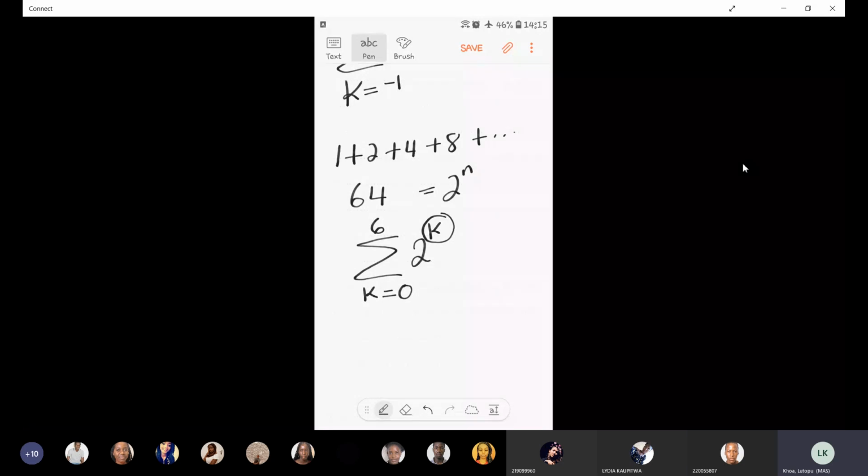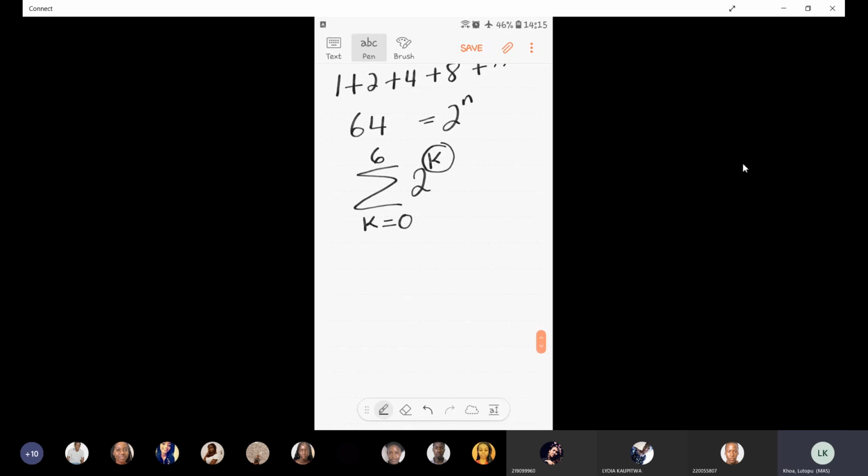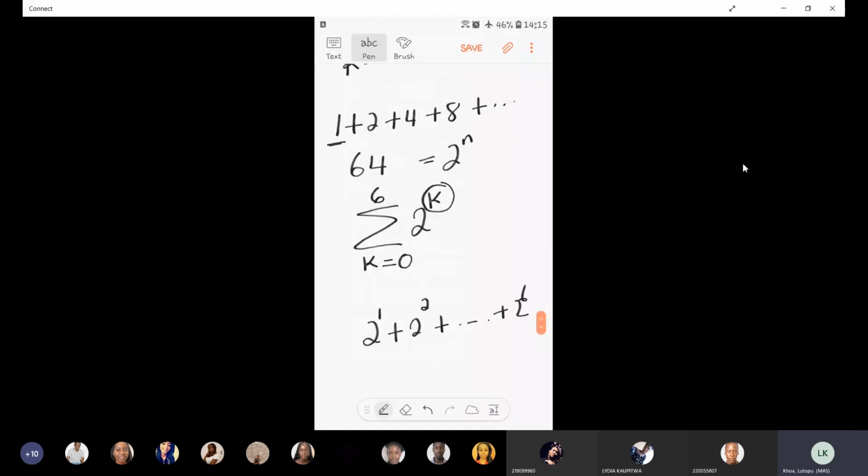All right, now the reason the starting point is not 1 is because if I start with 1 there, you will see my first number is 2 to the power of 1. Then I have 2 to the power of 2, and then I continue up until 2 to the power of 6. And I have left out the very first number that was given to me in the series.